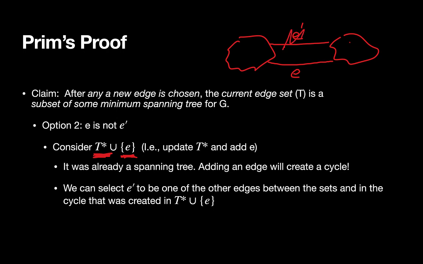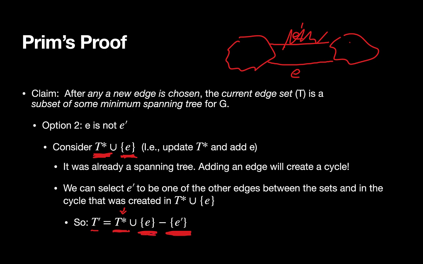So if we remove some candidate edge between these two, we can break the cycle. Okay, so the basic idea here is we'll create a new spanning tree, not necessarily a minimum spanning tree, by taking our ideal solution, adding in the candidate edge that Prim's algorithm selected, and removing some duplicate edge that was in this original T star.